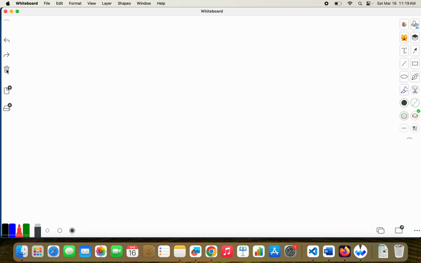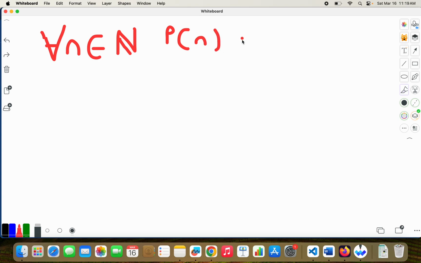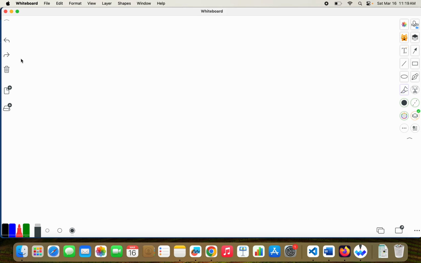Okay, so now we're going to use induction. We want to prove that for all n in the natural numbers, P of n is true. Base case, and P of m implies P of m plus 1. Here is the theorem.